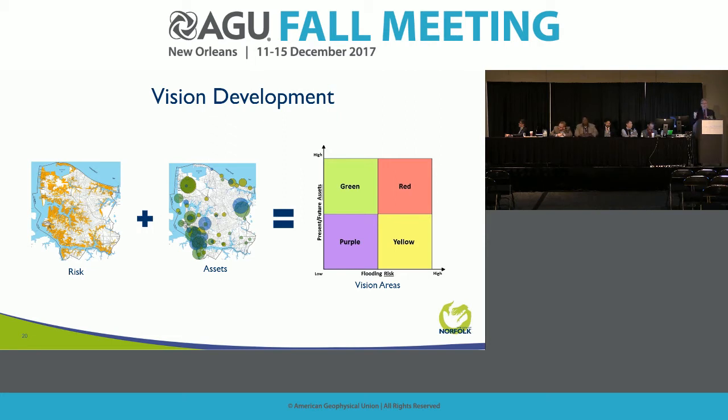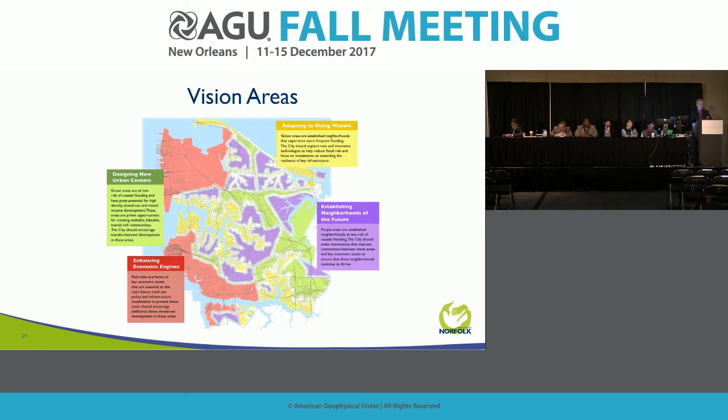And so looking at it in that way, we created a matrix that measured risk and asset value, and that asset value is not in dollars but in identity. And from that, we created 4 vision areas for the city. The red areas are the ones that we're going to figure out how to protect.